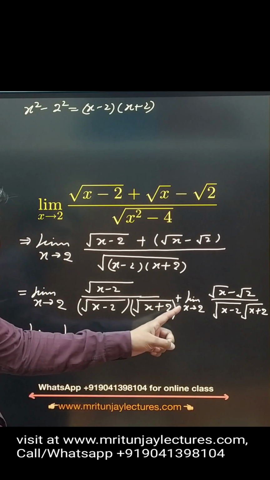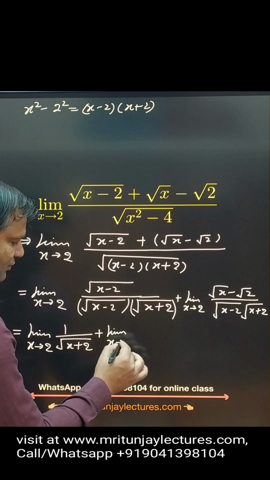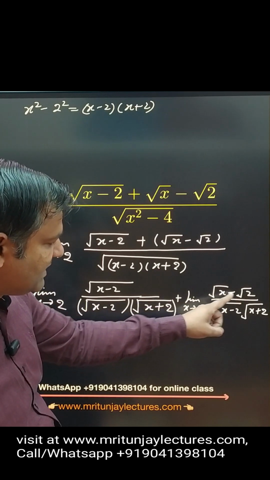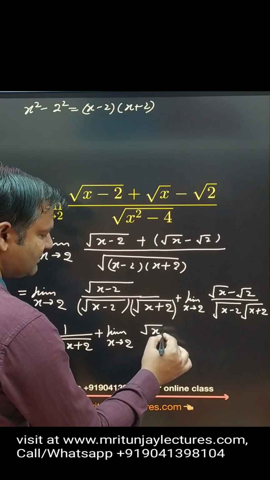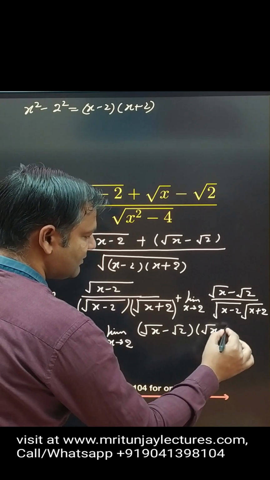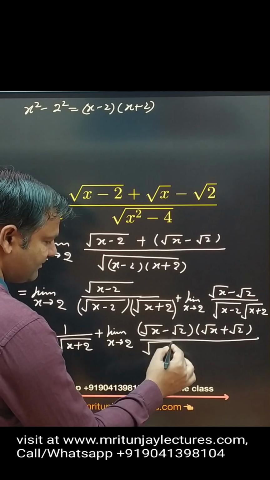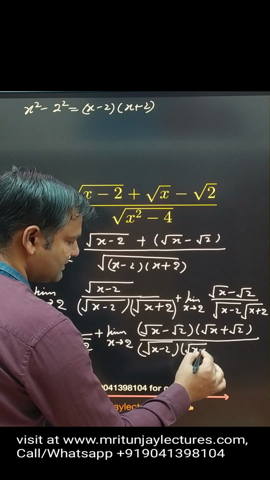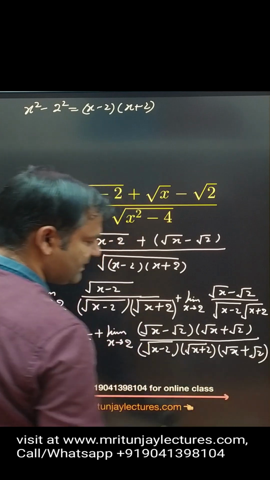Now after that, plus limit x tends to 2 of x minus 2 divided by under root x minus 2. So first of all, rationalize: x minus 2 into under root x plus root 2, and under root x plus 2, rationalize that one.